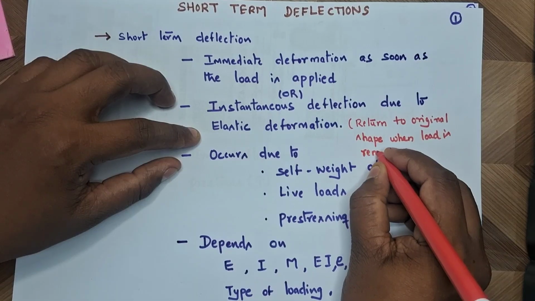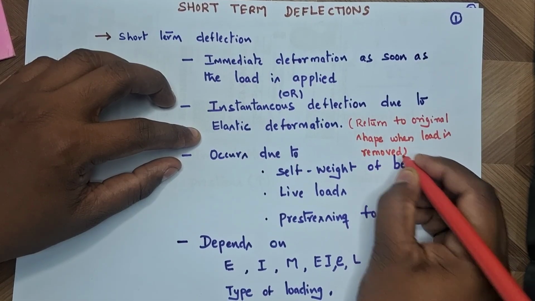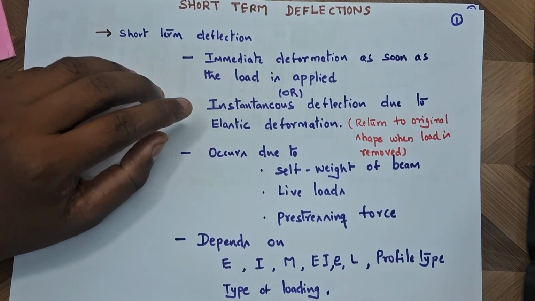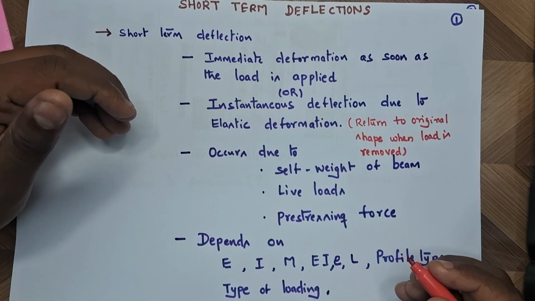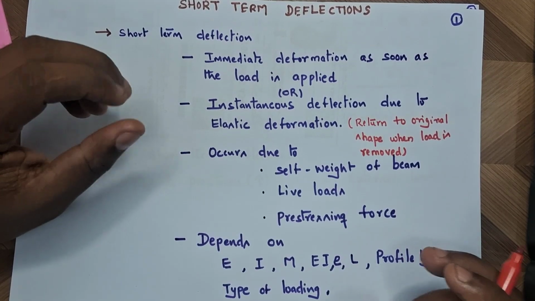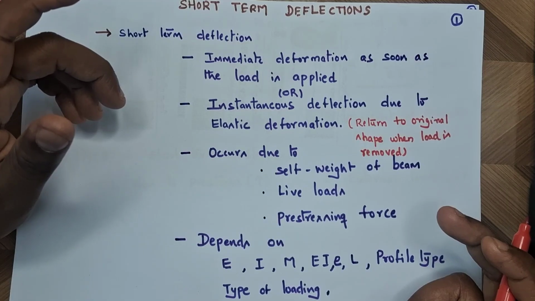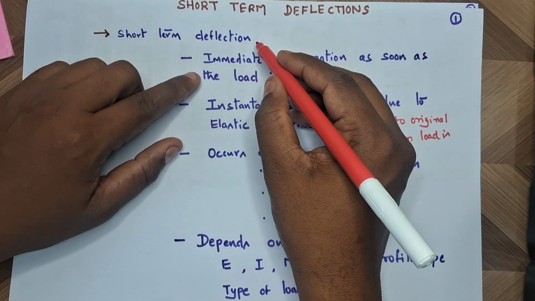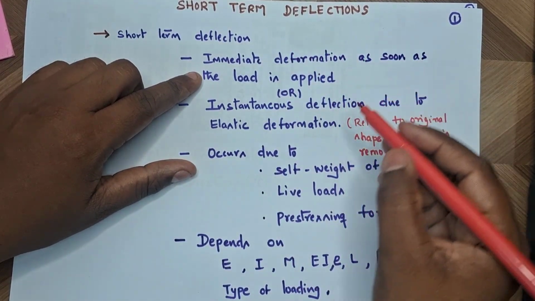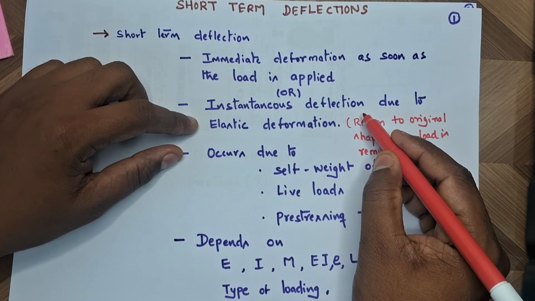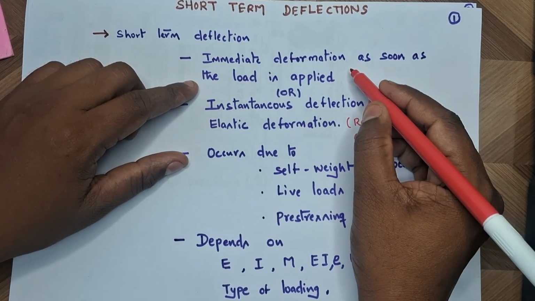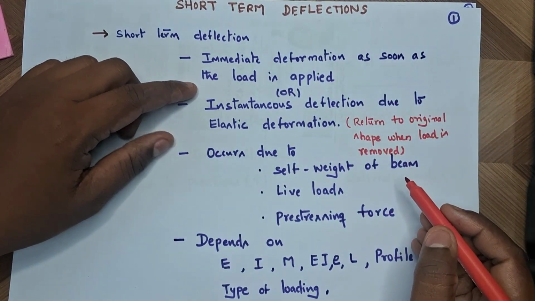It means that if you remove the load, it regains its original shape. Then we can call it elastic deformation, right? Short-term deflections are also known as instantaneous deflections or immediate deformations.